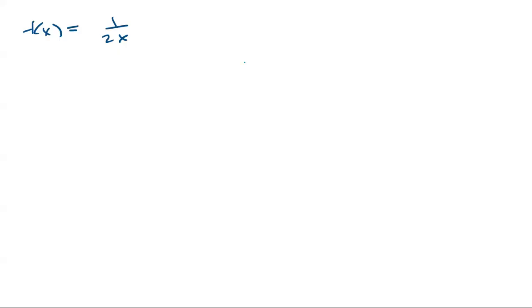Okay, so for this next example, we have f of x is equal to 1 over 2x. So again, we need to find the other component, f of x plus h. So anytime I see an x, I'm going to replace it by x plus h. Okay.